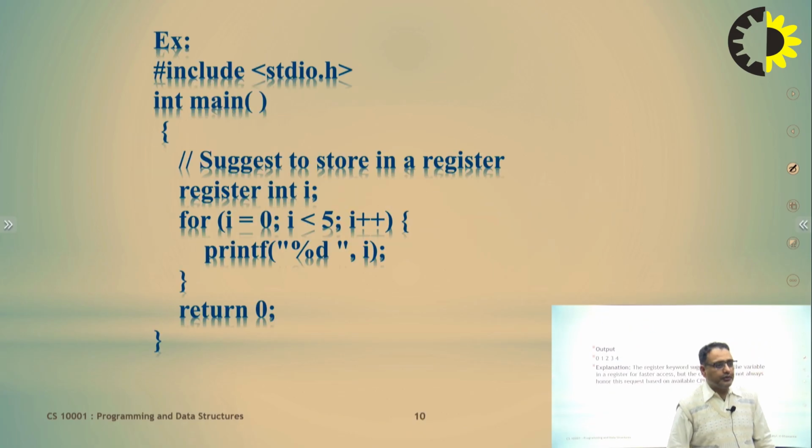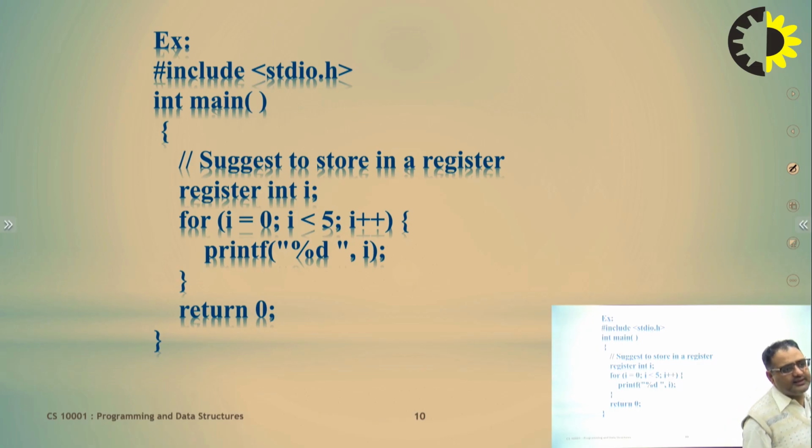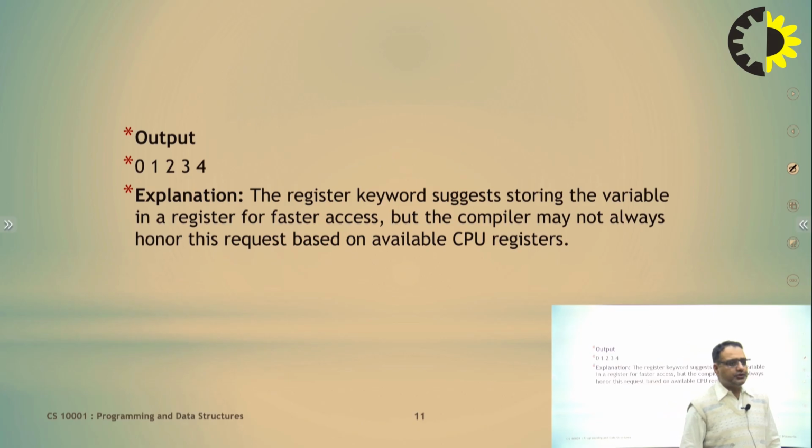The output here is 0, 1, 2, 3, 4. The characteristics of i are the same as a local variable.